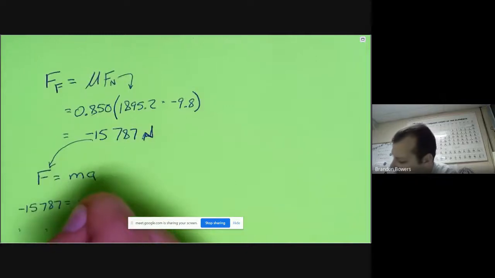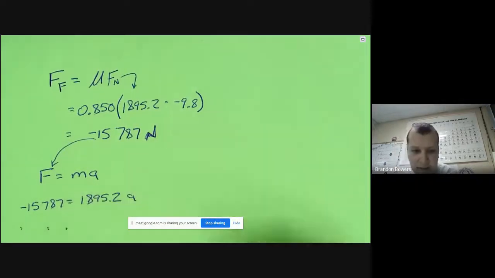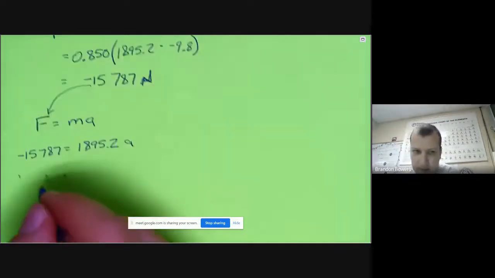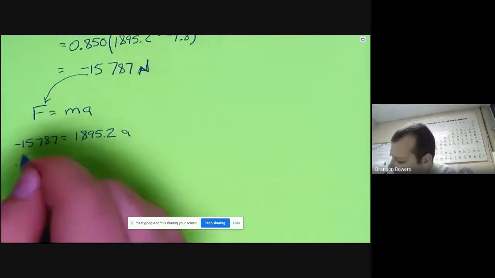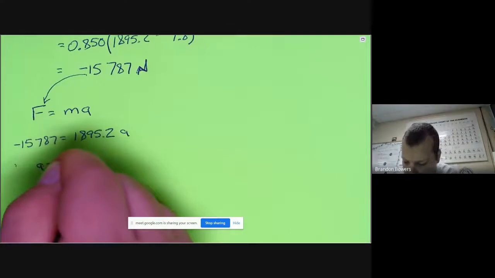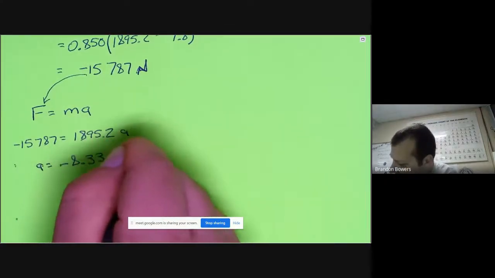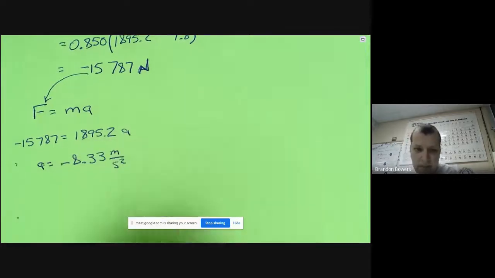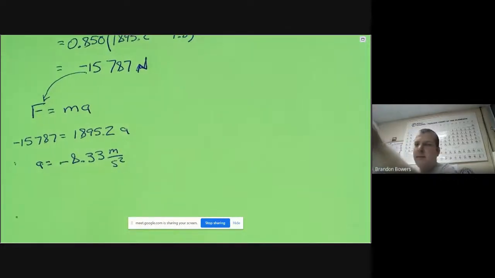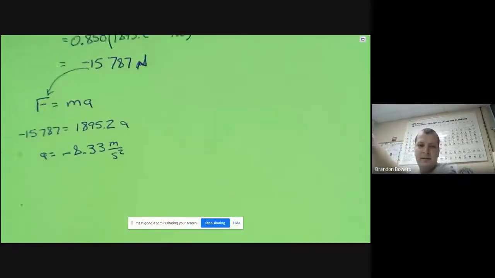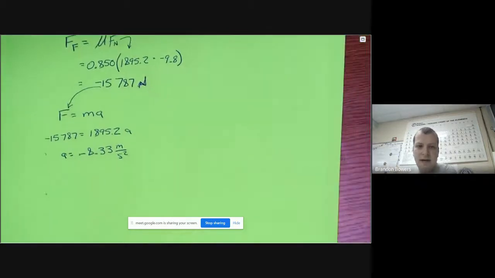The mass of the minivan, once again, was 1,895.2. And you can solve for a, where a is equal to negative 8.33 meters per second squared. Okay? Let me zoom out just to show you where we're at.